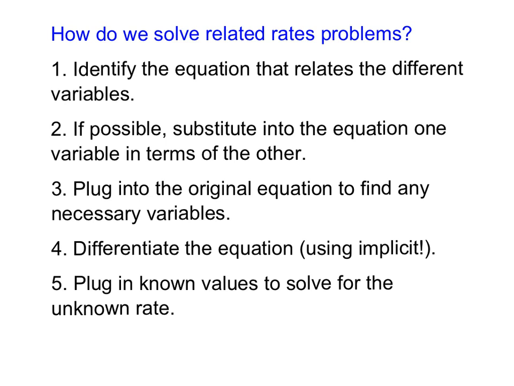For cylinder problems, I would say we substitute in 90% of the time, 95% of the time, a lot. Plug into the original equation to find any necessary variables. So we need to use Pythagorean theorem to find the missing piece. Once you get all those variables set, we differentiate using implicit, and then we plug in and solve for the unknown rate.